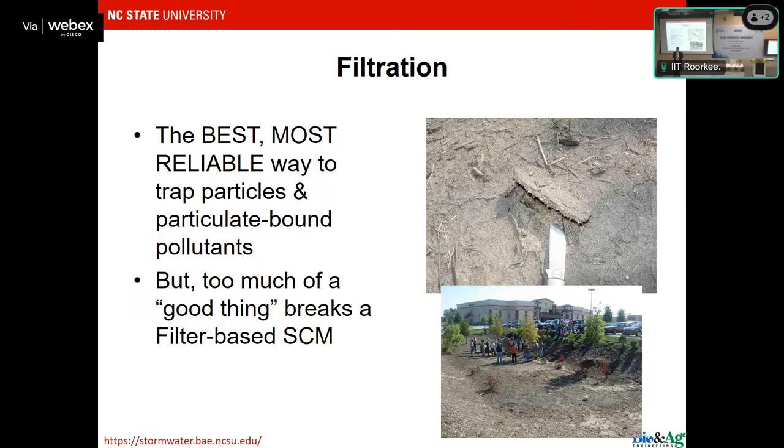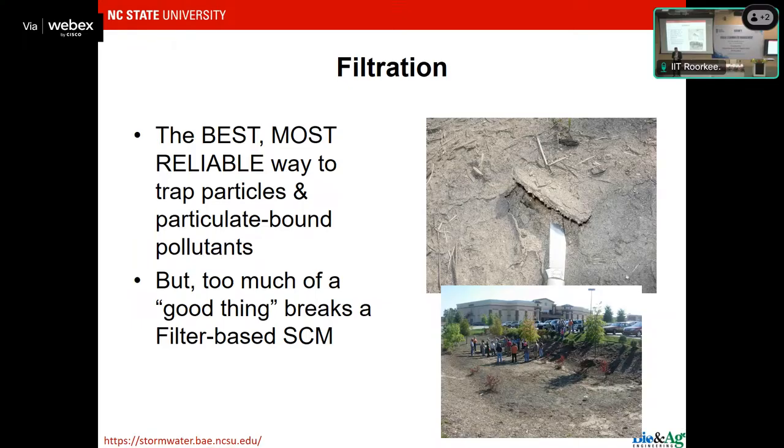This is going to be one of the most important things I share with everybody in this room today: there is no such thing as a maintenance-free stormwater control measure. I need everyone to be 100% clear on that. There's no such thing as a maintenance-free SCM.